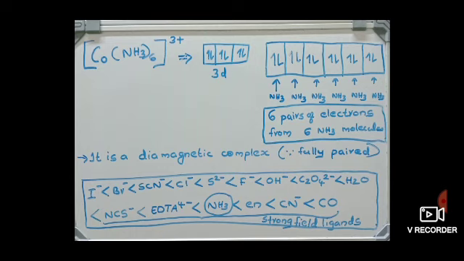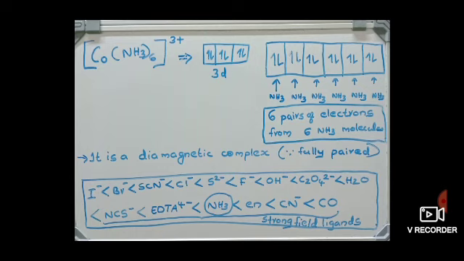Cobalt will make a bond with ammonia. As a result, this complex is formed. Now, looking at the bonding, we can say it is a diamagnetic complex because there is no unpaired electron in this. All electrons are in paired form.